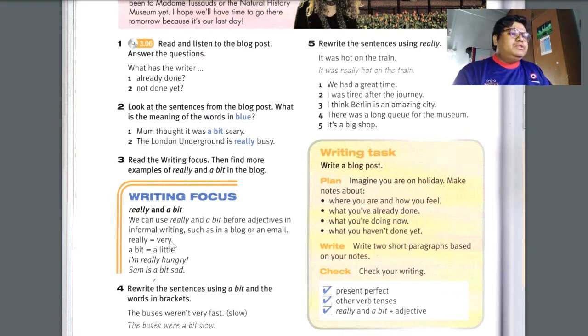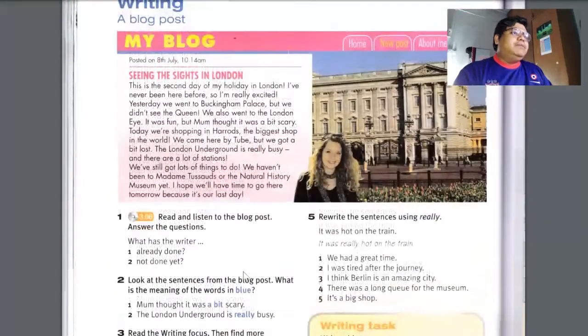Really equals to very. A bit equals to a little or quite. I'm really hungry. Sam is a bit sad. So kita tengok dekat dalam ni kat mana lagi ada really. Kat sini really excited, maksudnya very excited.